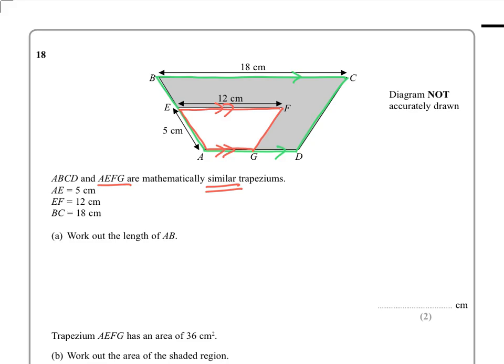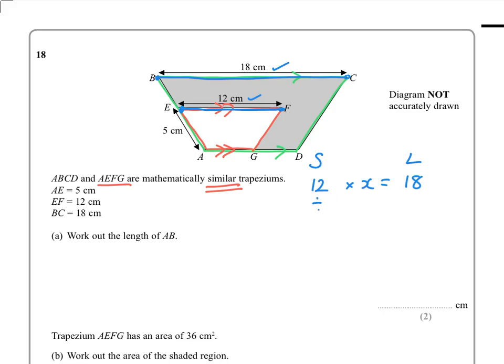So we have to look at corresponding sides here. Now I can see that this length here would correspond to this length here. And we're given the dimensions here as 12 and 18. So we can say that 12 in the smaller one is times by something to give 18 in the larger one.